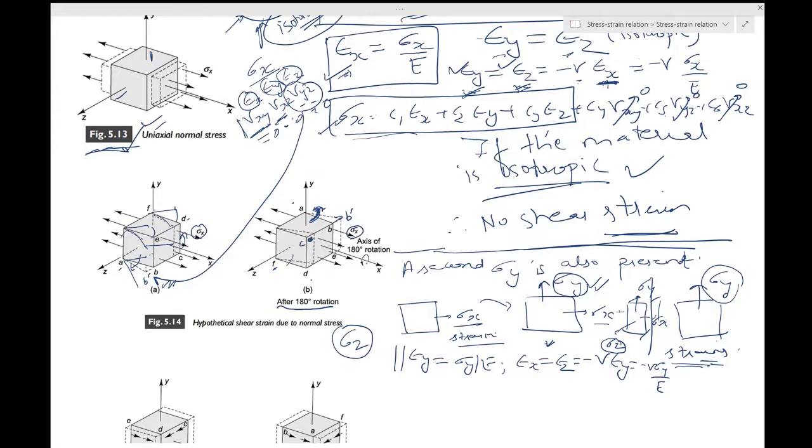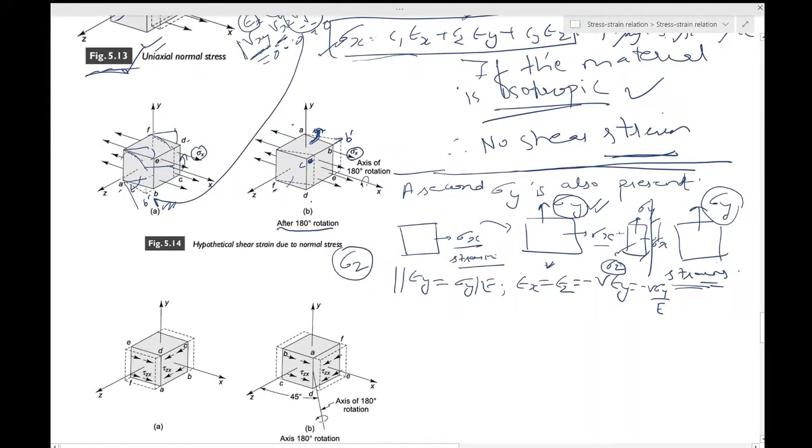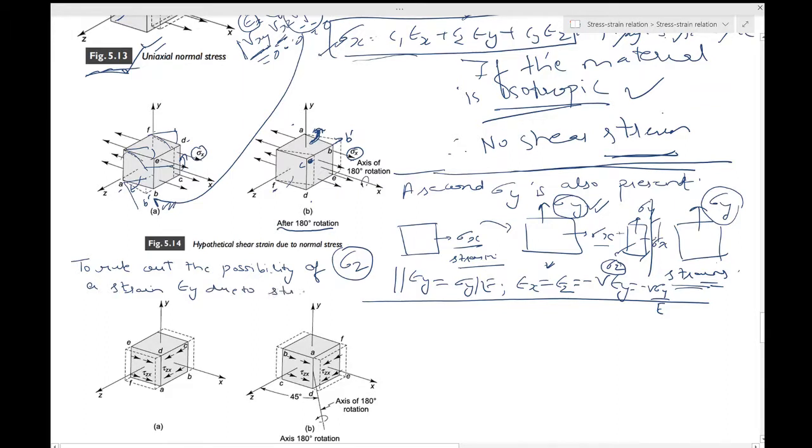Okay, so we have to include one other argument, let's write it down, to rule out the possibility of a strain epsilon y due to stress tau zx.